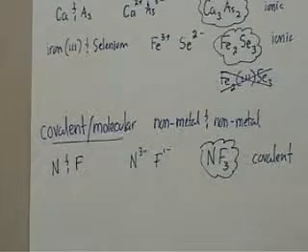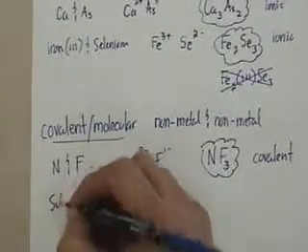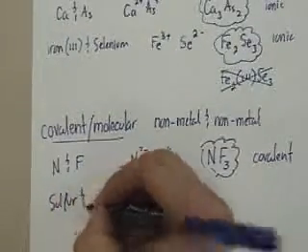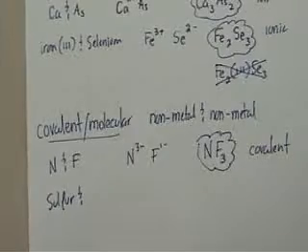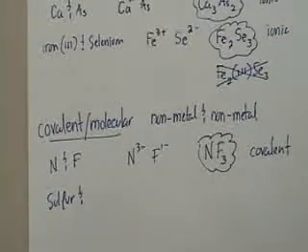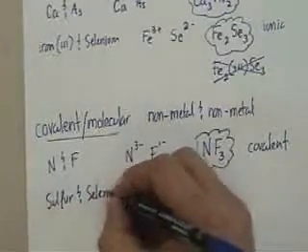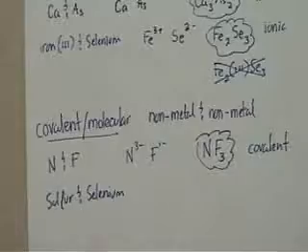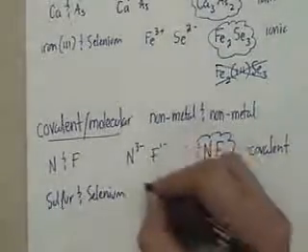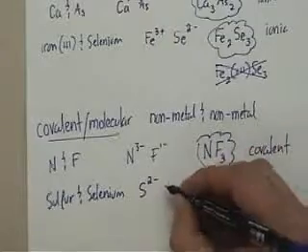Let's do another one. Let's go with sulfur and, let's see, selenium. Purposely picked this one. Sulfur is 2 minus.